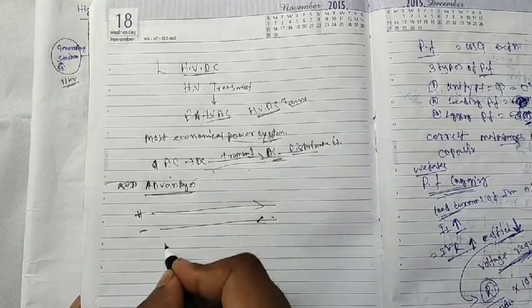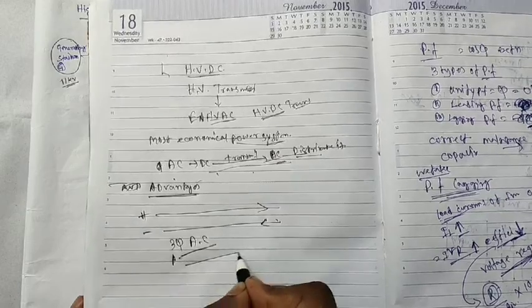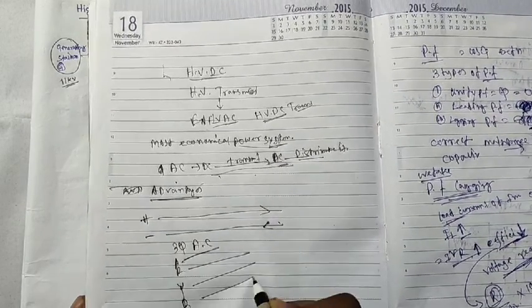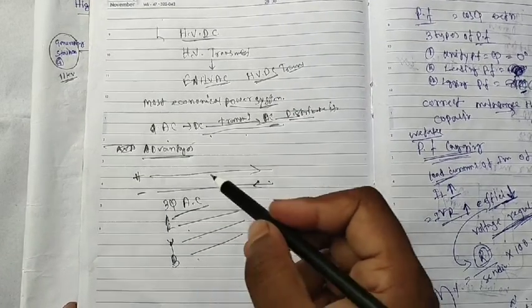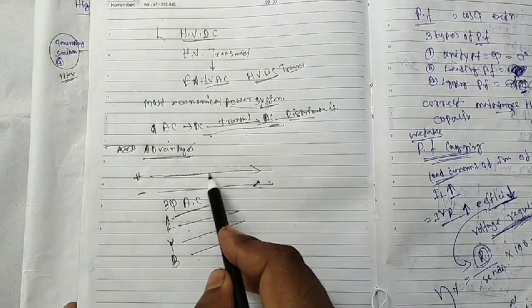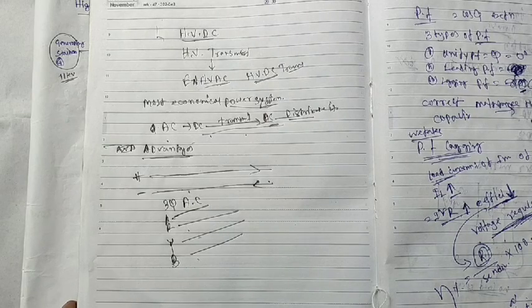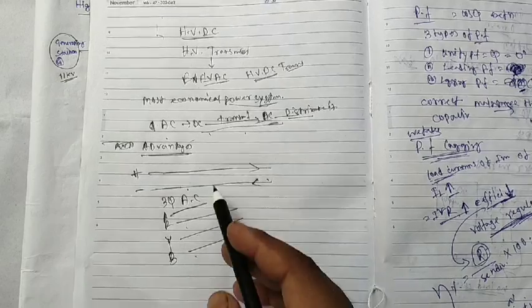But in a three phase AC system, we need R, Y, B phases separately. In a DC system we use two wires, one positive and one earthing wire. No three phase system is used here.